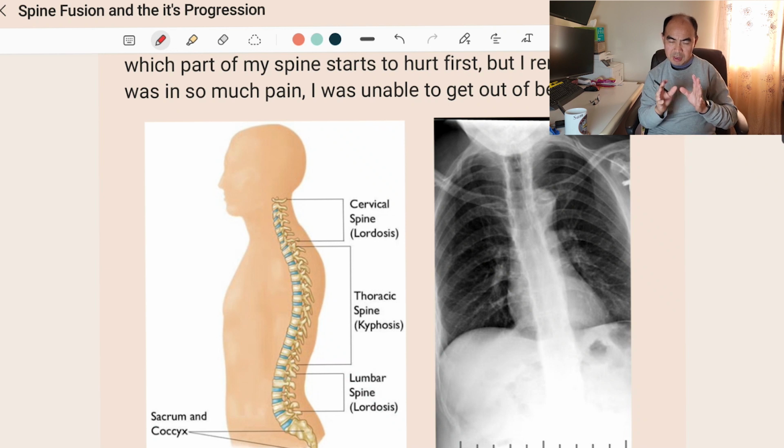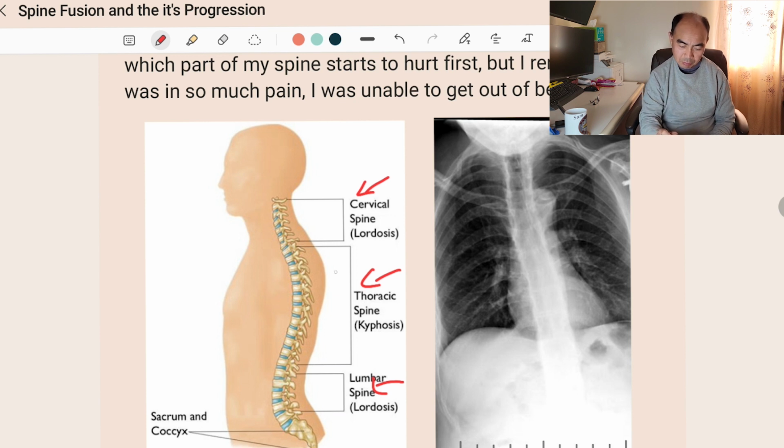Now, precisely which part of the spine did it start with? I don't remember. All I know is gradually over time, the whole thing just fused. I don't know if it started from the top, or the bottom, or the middle, or the lower back. But I know when it started hurting.